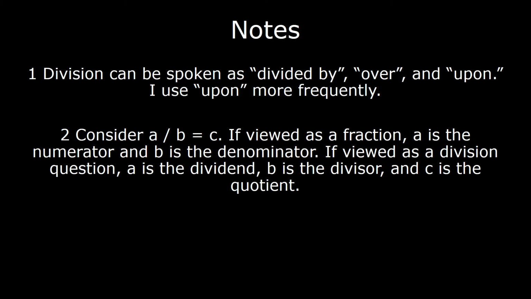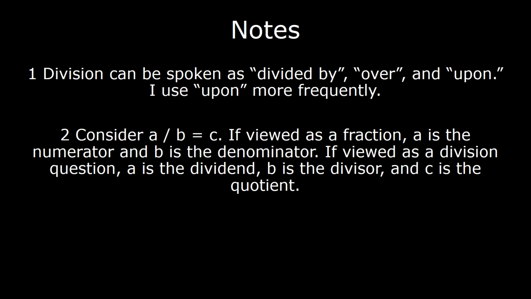Some numbers could take their place, but for now we'll use the generalized A, B, and C. So if you think of this as a fraction, then A upon B, A is on the top, B is on the bottom, visually speaking, when you write that fraction. So we would call A as the numerator and B as the denominator. C does not have any specific term associated with it. You can call it as the result or the answer or the right hand side, any of those general words.